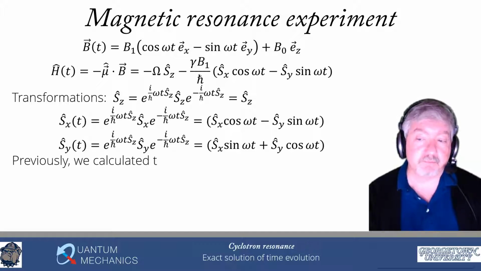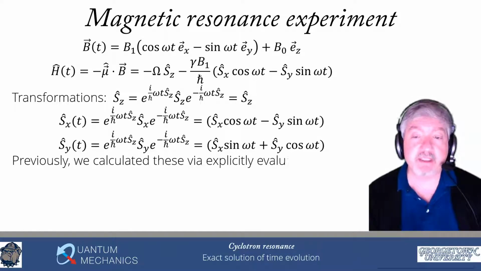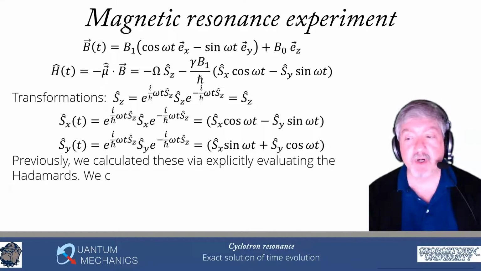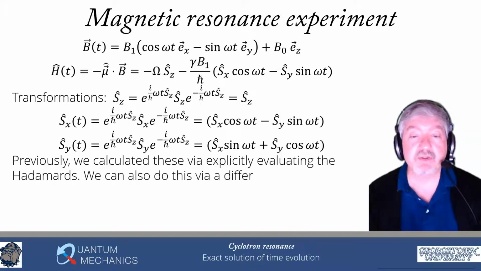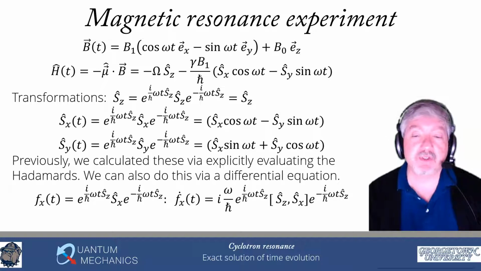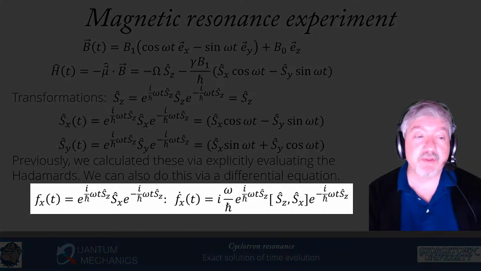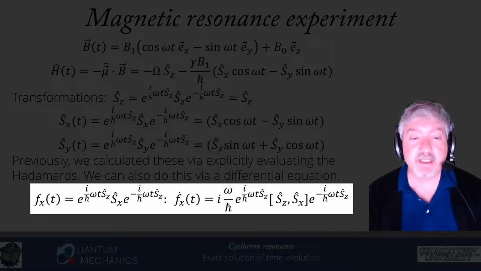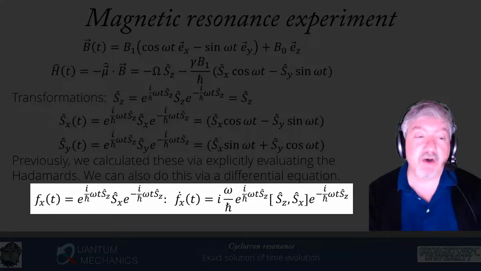Now, even though previously we calculated this by explicitly evaluating the Hadamard, I'd like to also show you how you can do this via a different method, which is called the equation of motion method, or the differential equation method. So we're going to call this operator object Fx of t, and then we're going to take the derivative of it. And when I take the derivative, I'm going to pull out a factor of i omega over h bar.